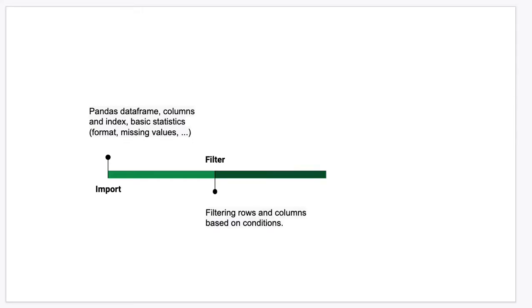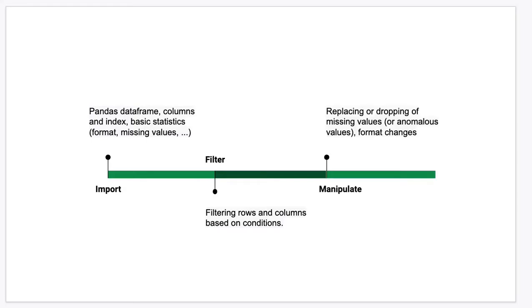In the next step, we're gonna talk about filtration, filtering rows and columns based on different conditions, and this is going to help us to manipulate the data because sometimes we want to replace or drop missing values or change the formats. So let's get to the code and we'll talk about each section in details.